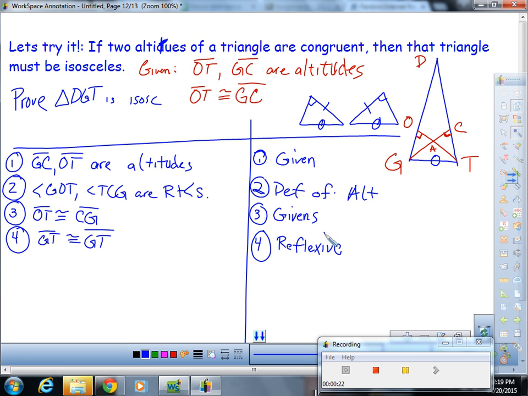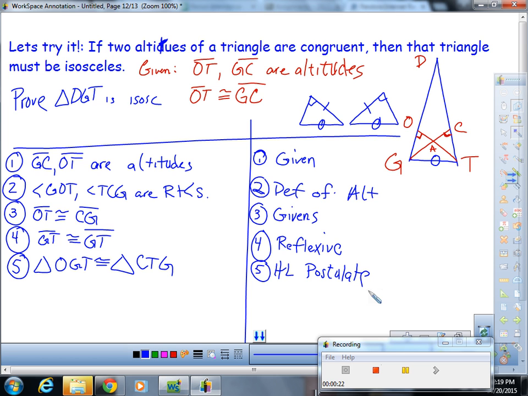So now you might see that I can prove that triangle OGT is congruent to triangle CTG by HL Postulate. Okay?